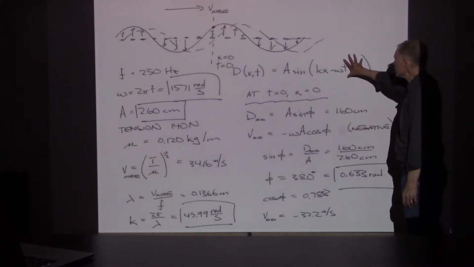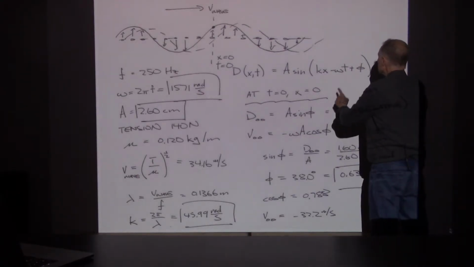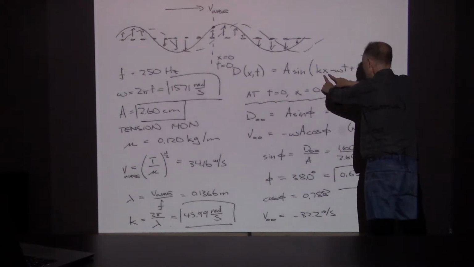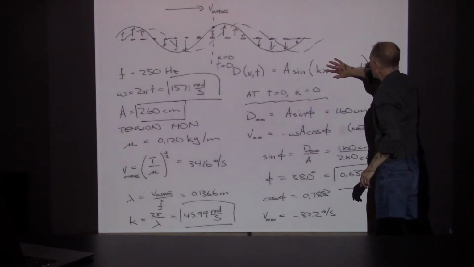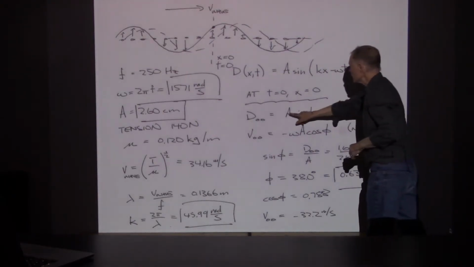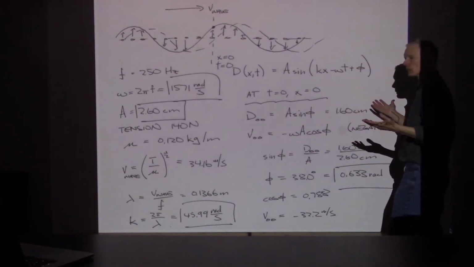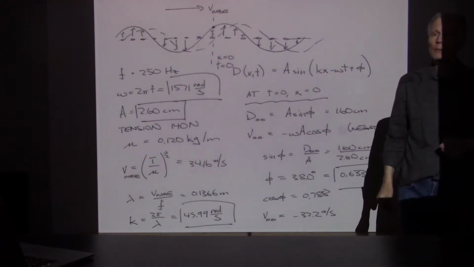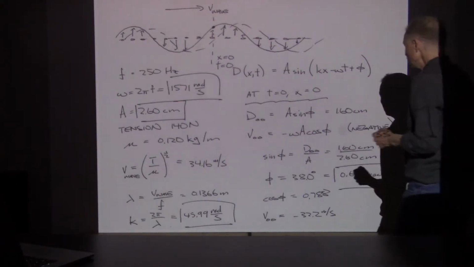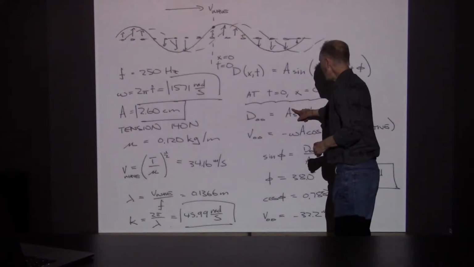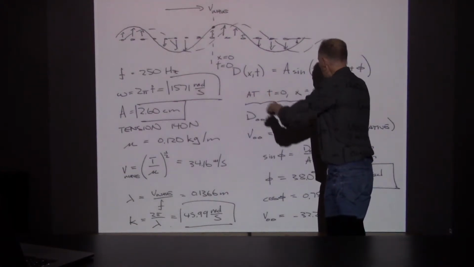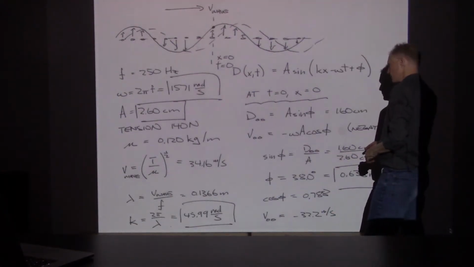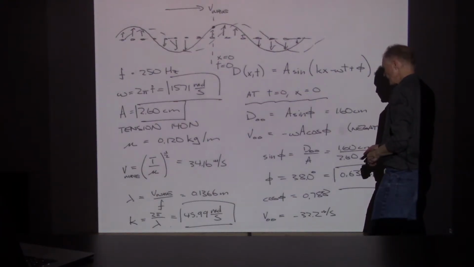Well, looking at this equation, if t is equal to 0 and x is equal to 0, then those terms go away, and the only thing left is a sine of the phase angle. So the phase angle can be calculated if we know the amplitude, which we do.